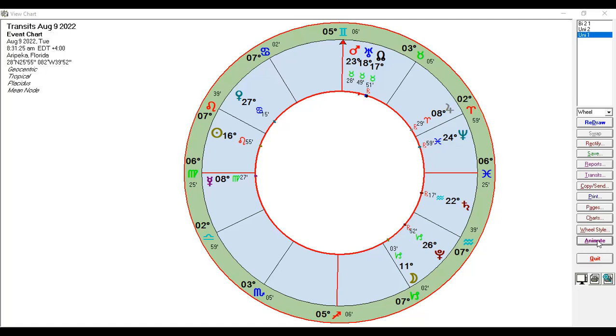All right, what else do we got going on? We got this nice square here happening between Mars and Saturn, at 22 and 23 degrees. So a little bit of a push-pull with energy and drive with what you got to do.